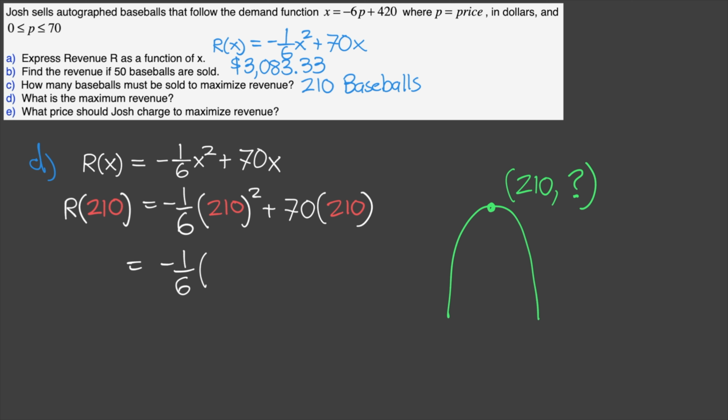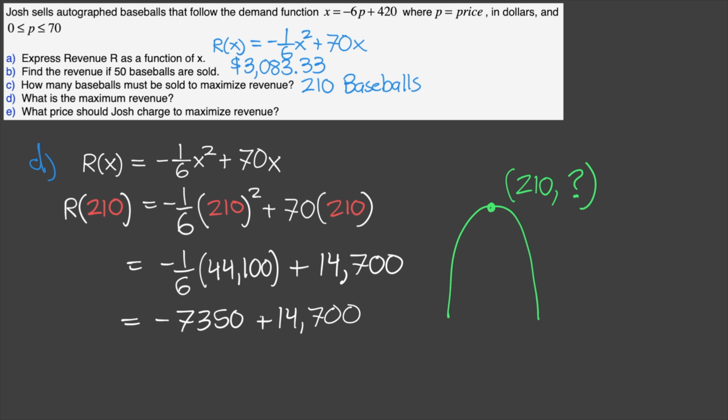That's 44,100 if you do that on your calculator. And 70 times 210 will give you 14,700. Then 1/6 of 44,100, if you do that in your calculator, is negative 7350, plus the 14,700, which equals, ironically, 7350.